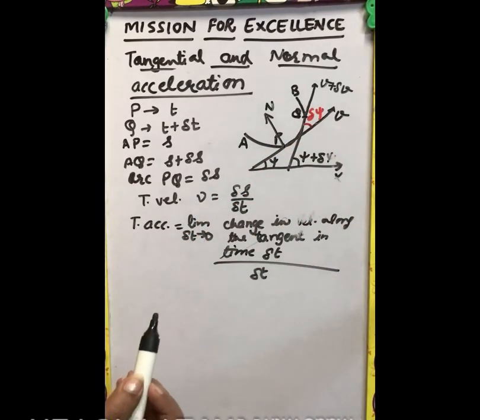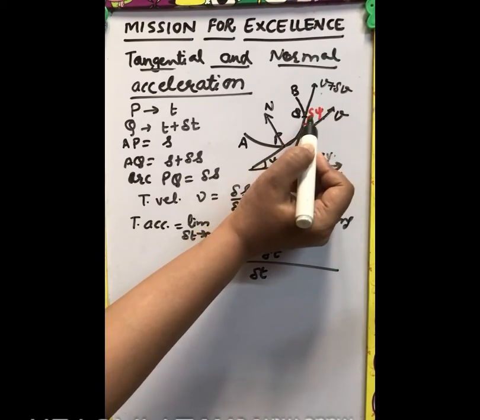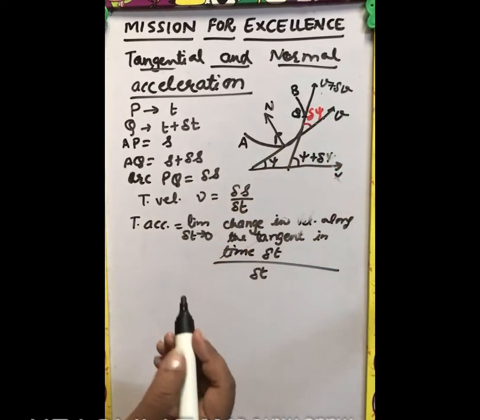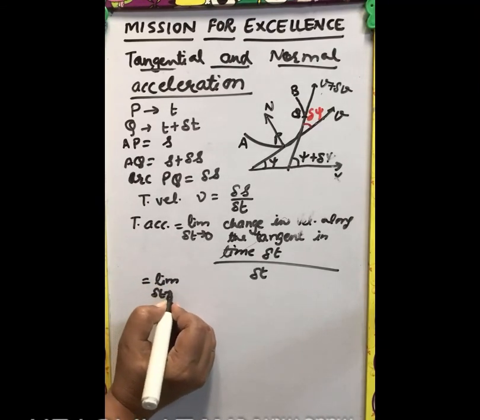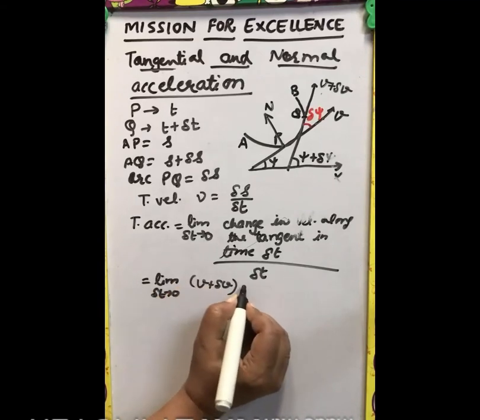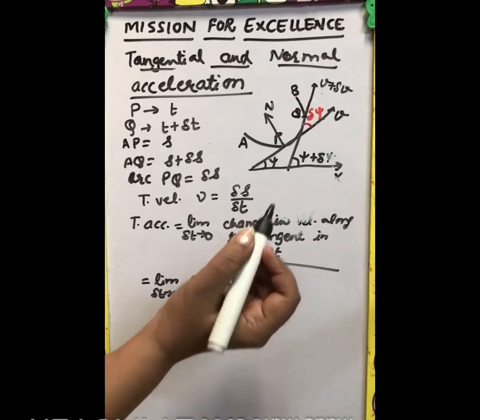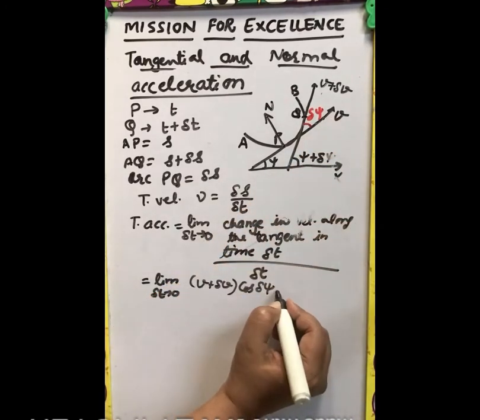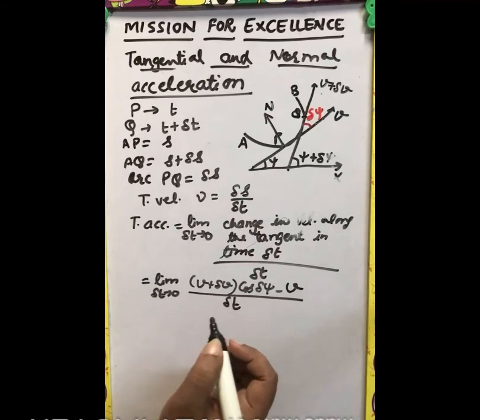Its component along this direction will be (v plus delta v) cos delta psi. So let us take here limit delta t tends to 0, (v plus delta v) cos delta psi minus the initial component v, divided by delta t.